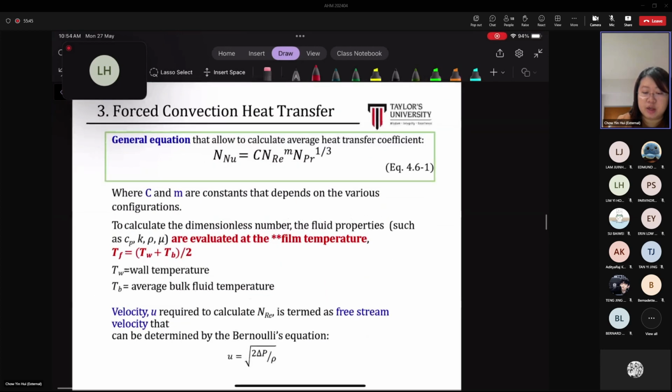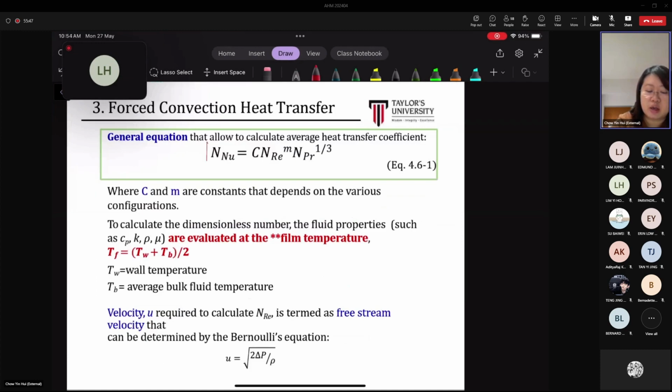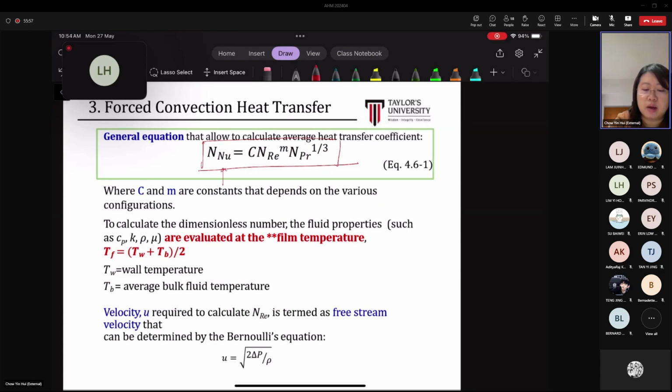Now, as mentioned, the correlation takes this general form, the general equation that allows us to calculate the average convective heat transfer coefficient. You have the Nusselt number, which most of the time is h multiplied by D, or it could be L, the length of the plate, divided by the thermal conductivity.